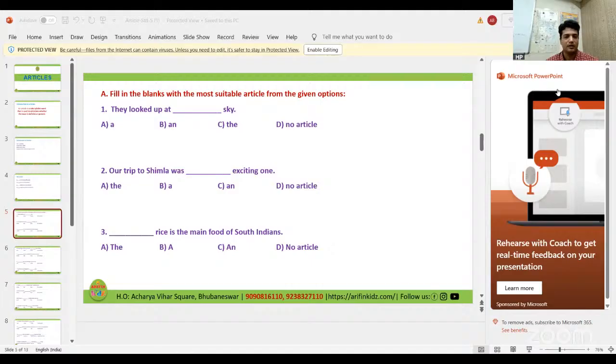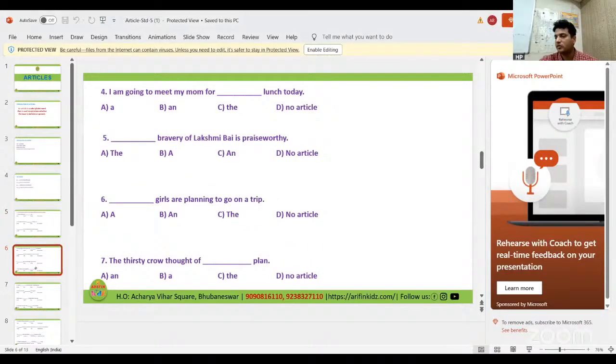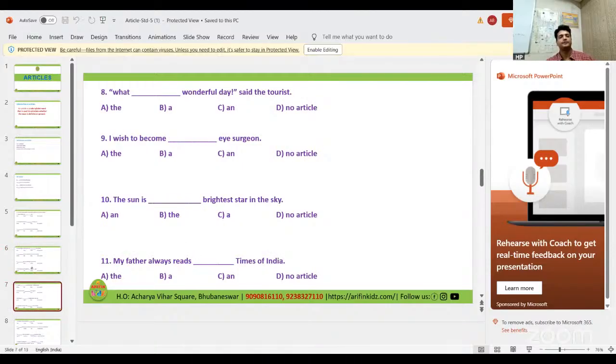Since no questions are put forward, and I'm not able to access the chat, I don't think any doubts have been put forward. So I'll just debrief a few important theories.